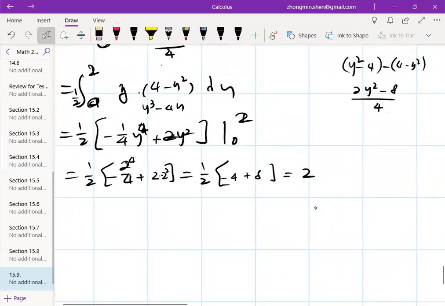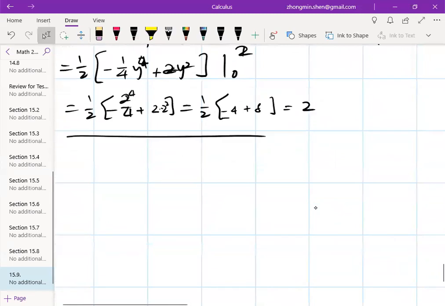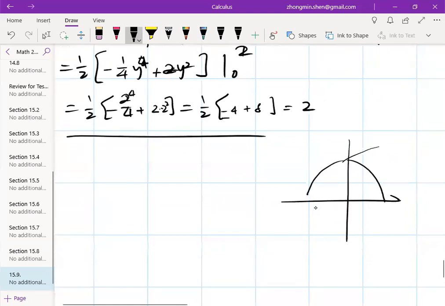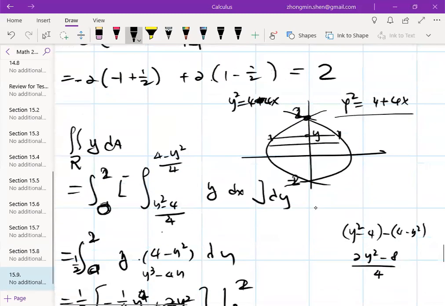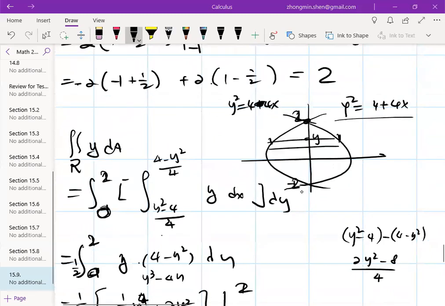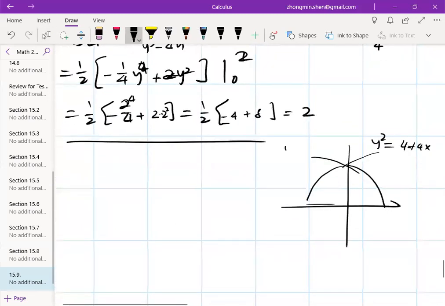Now, what we're going to do today is change this region. Let me copy this. I'm not going to draw the whole graph here. So this is y squared equals 4 minus 4x, or 4 plus 4x. Y squared is 4 minus 4x.